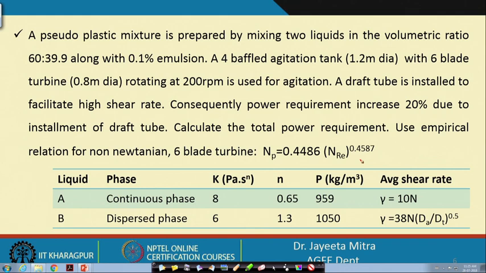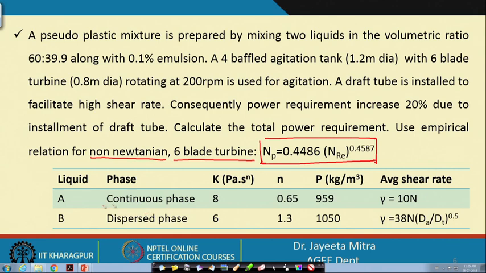So, for the empirical relation for non-Newtonian 6 blade turbine, this is the power number. Earlier we took the power correlation from the chart; here the relation has been given directly, and we will use this one now. So, liquid A and liquid B, because we are dealing with a mixture which is a pseudoplastic mixture. Okay. So, liquid A and B.